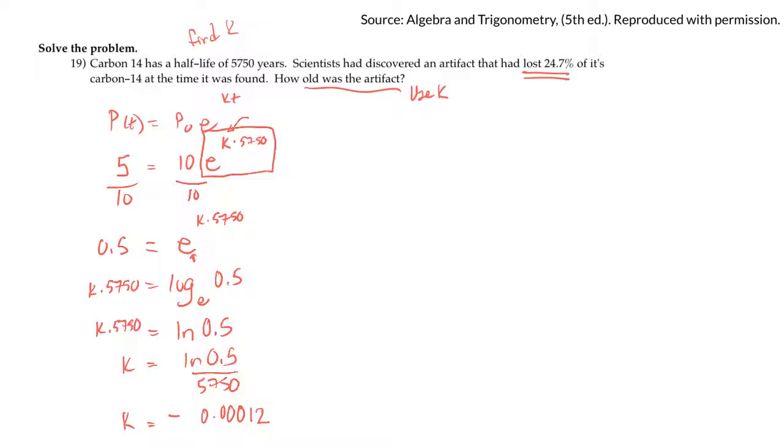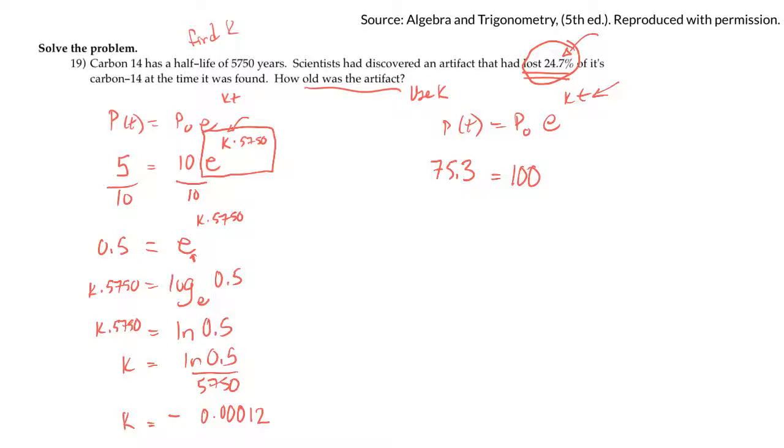So now I can use the same formula, P of t is equal to P0 e to the kt. Now they want to know how old an artifact is, so they're looking for t, and they're saying it lost that much percent of its mass. If it lost that much, it could have started at 100%, and then it's down to 75.3%.